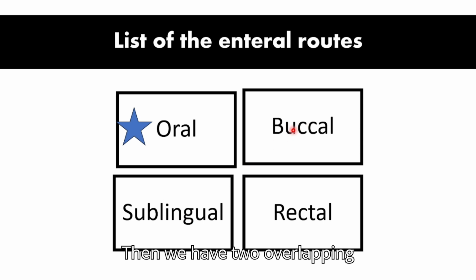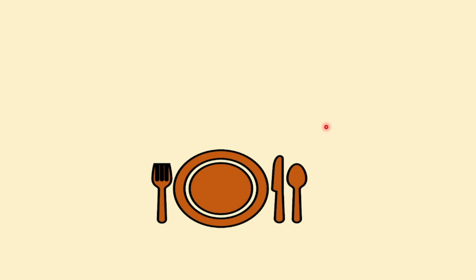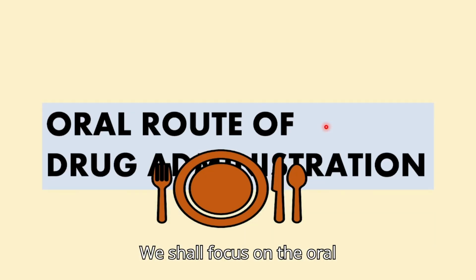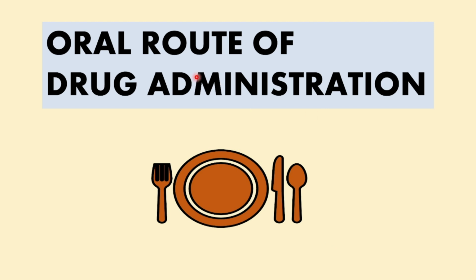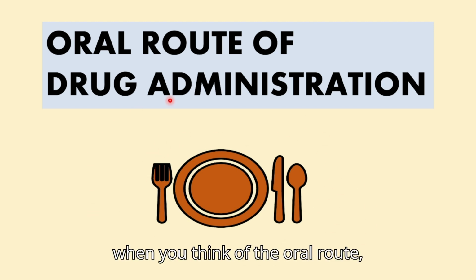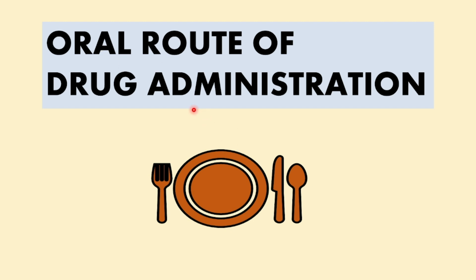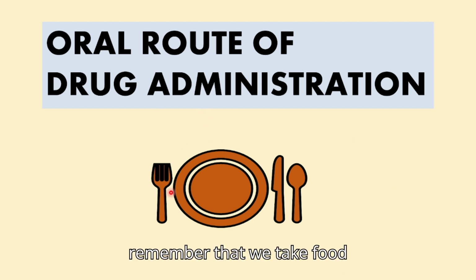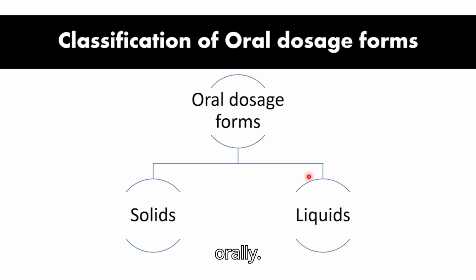Then we have 2 overlapping routes, that is sublingual and buccal. We shall focus on the oral route of drug administration. We take food orally. So when you think of the oral route, remember that we take food orally.